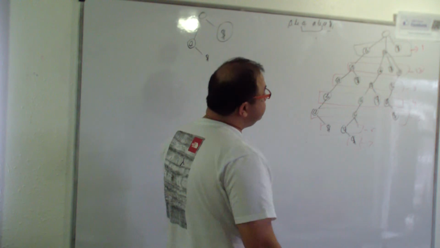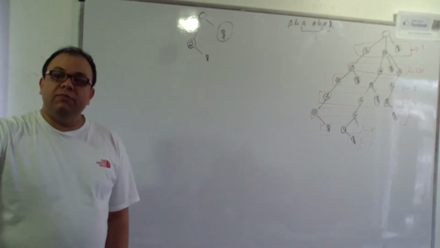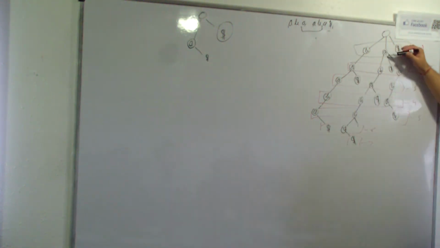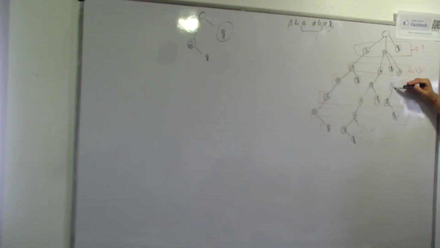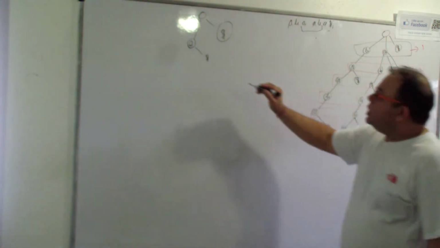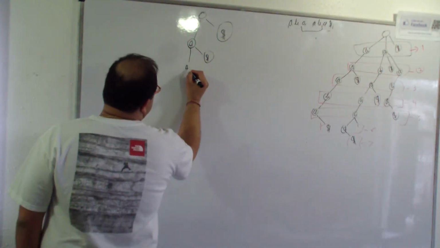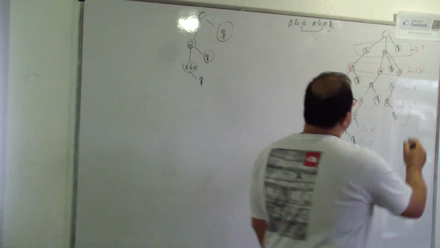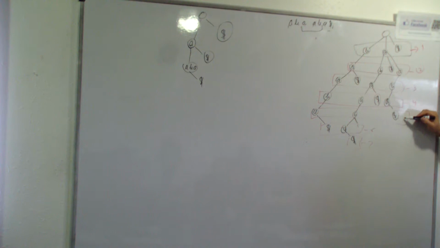We'll optimize. So a and then dollar, and the next was ABA. It's not branching anywhere, so we'll create ABA and dollar. So we covered this part.